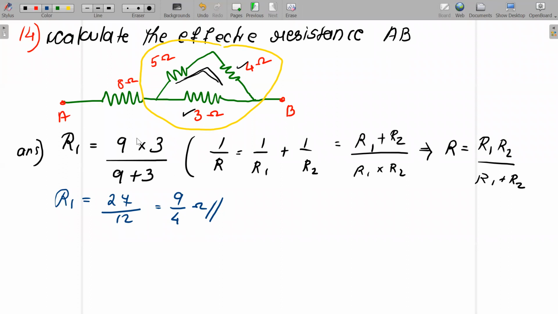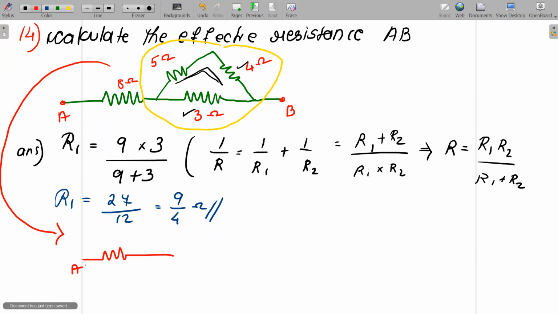Now, children, your next task is the circuit conversion. The circuit should be redrawn. How? This is your A, which is 8 ohm. Now this complete part you have drawn as 9 divided by 4 ohm, right? You converted that.